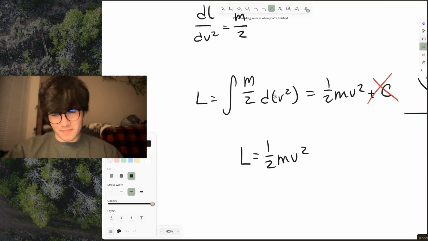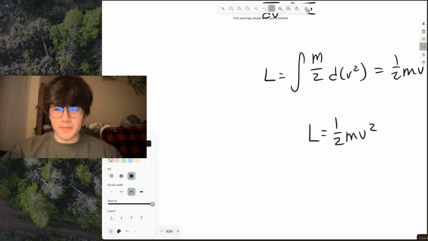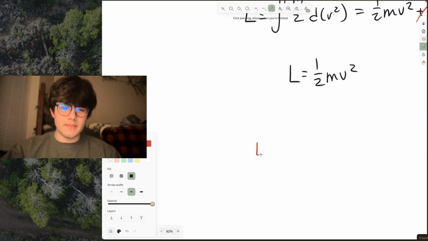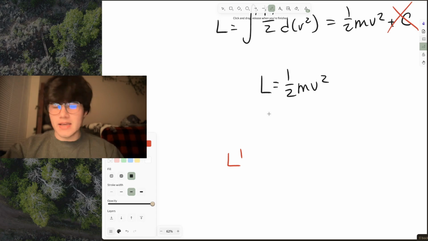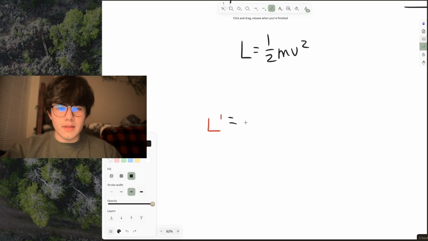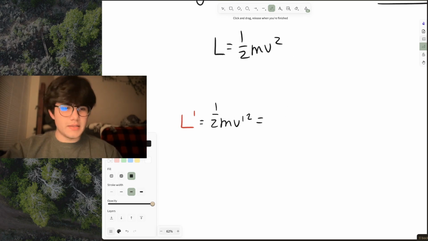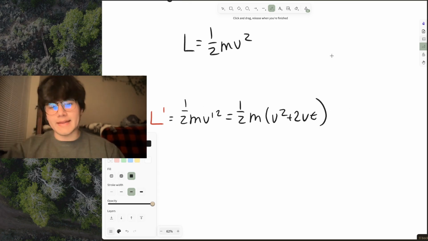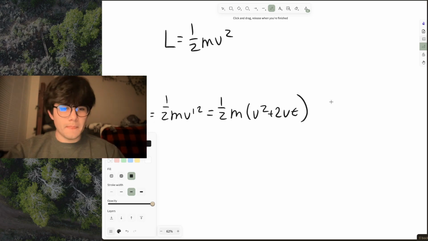But let's not forget about L prime, right? We're trying to find how L prime is going to relate to this. So if we know L now, we can pretty much just substitute v with v prime. So we'll say L prime is equal to 1/2 mv prime squared. And as we saw, this is going to expand to 1/2 mv squared plus 2v epsilon, and I'm neglecting the epsilon squared thing again.